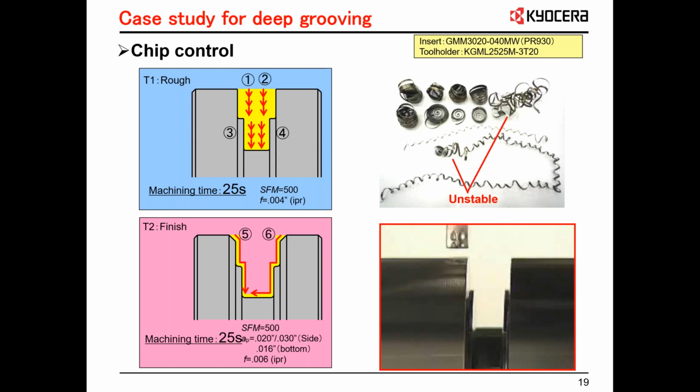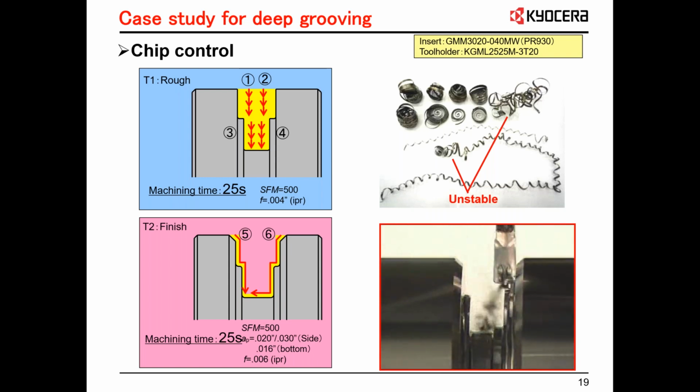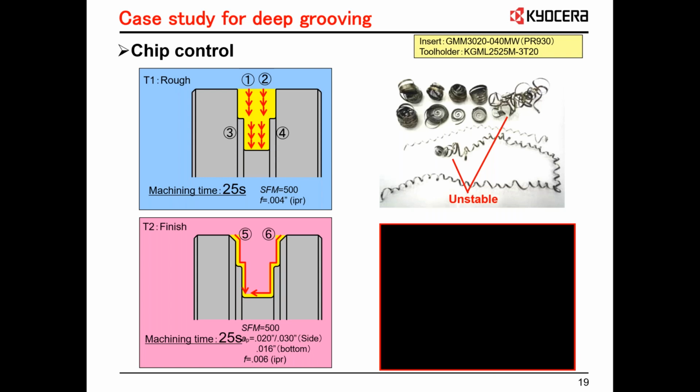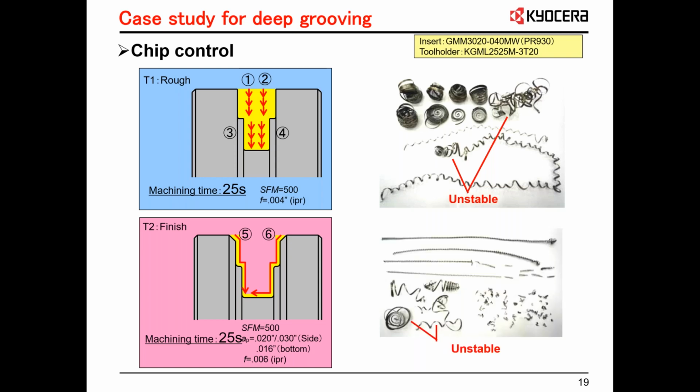We're reducing the cycle time, but as you can see, there's still some chips we got to deal with. Now let's look at the finishing. Okay, so that was 25 seconds, but again, we still got some chip control issues. Yes, we're improving the cycle time, but we still got chip control issues.